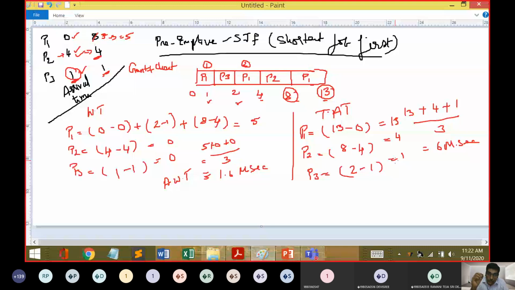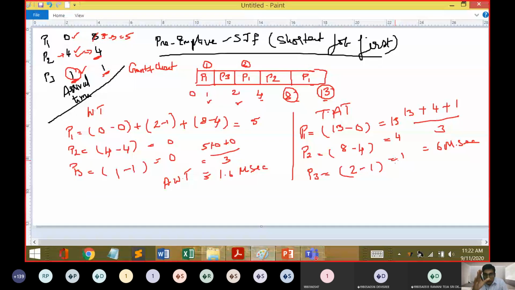So the computation of waiting time and turnaround time will differ if we have a preemption algorithm. In preemption, we consider the arrival times. They are varied: one process can come at 0, one at 4, one at 1.